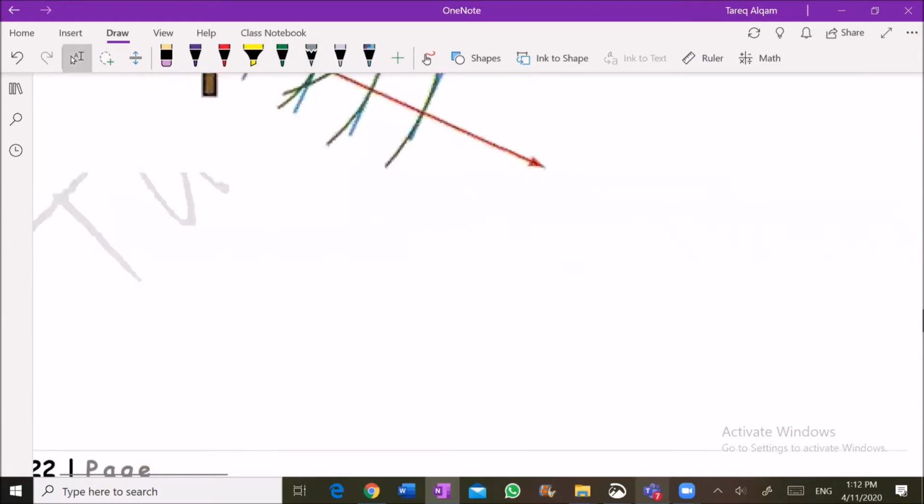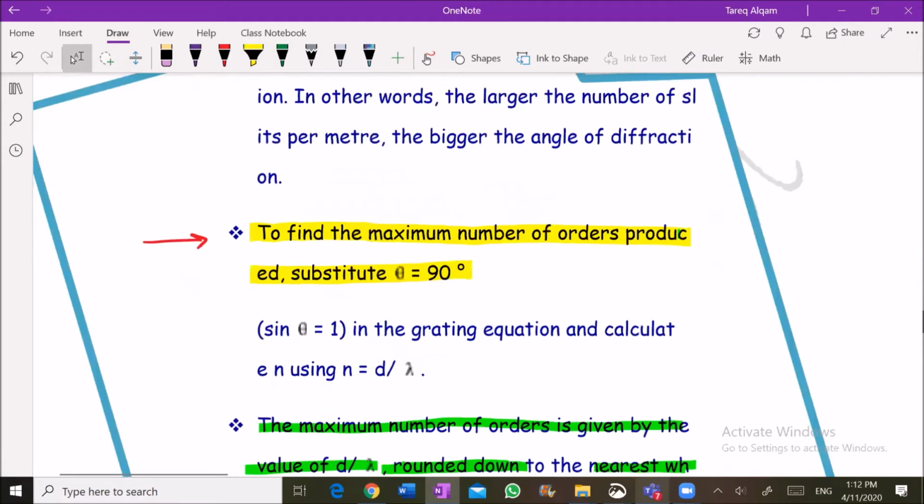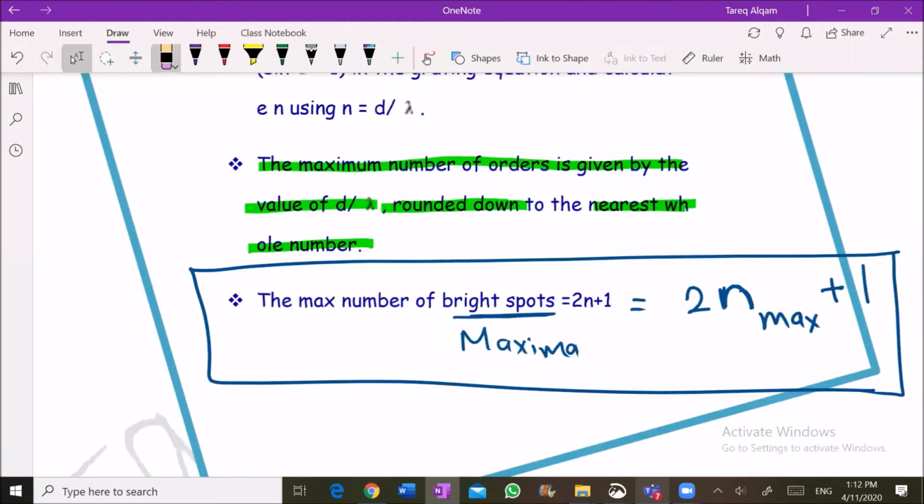Now to find the maximum number of orders, what I have to do is calculate the value d over lambda. If I want to see how many orders I have, I always round down, even if I got 3.9.